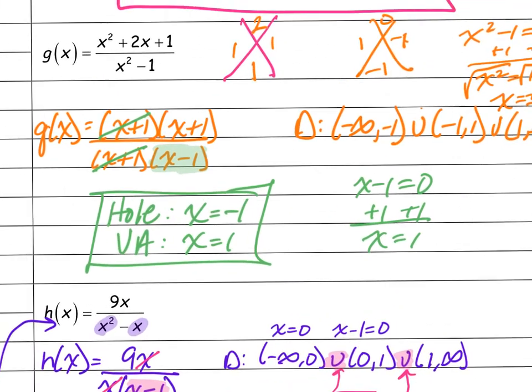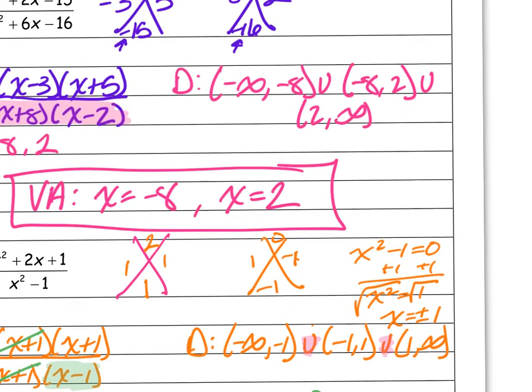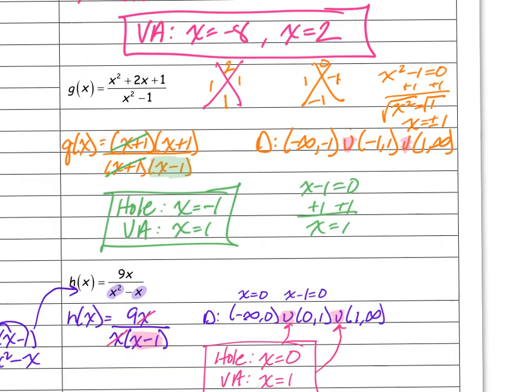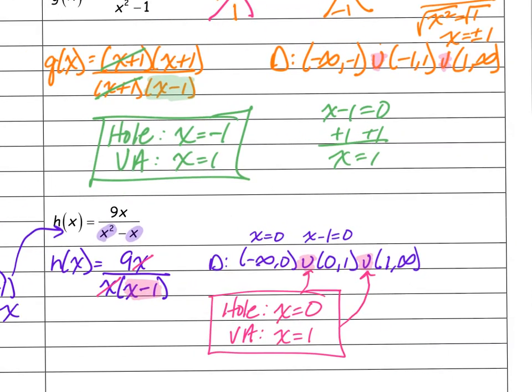So right here, and right here, there's something going on at -1 and +1. And if we look up here, here, and here, we have something going on. So at -8 and at 2, we have something going on. So that's why the domain helps. It helps you find out where my spots are.